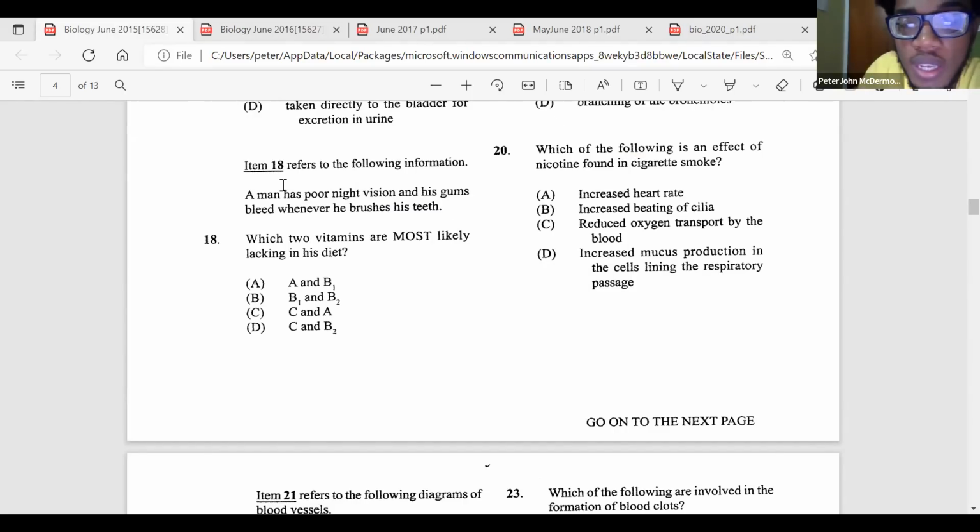So vitamin A, what's another name for vitamin A? Just type it, just in case I put it. So vitamin A is also called retinol. And vitamin C is also... Anybody know another name for vitamin C?